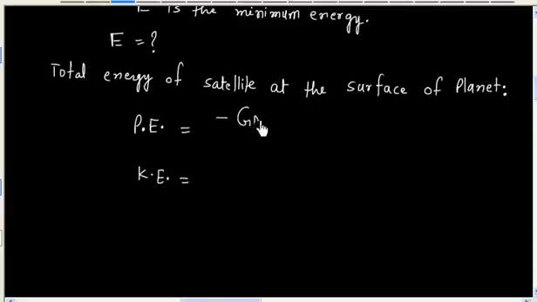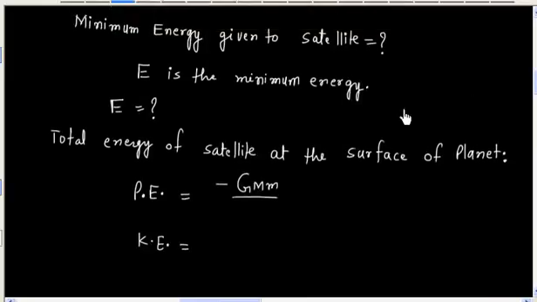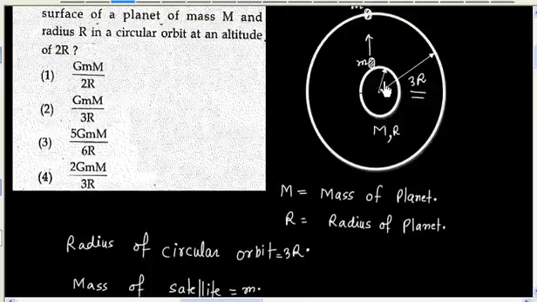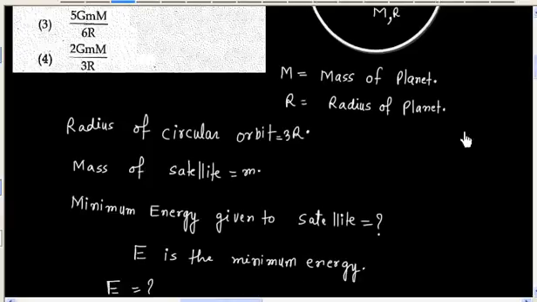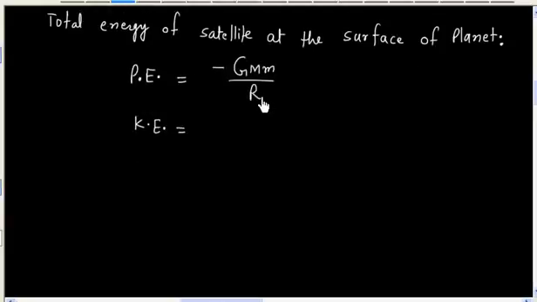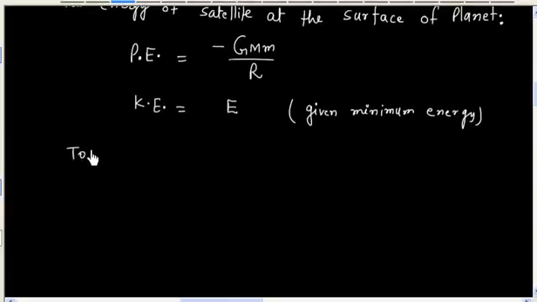Potential energy is minus GMm by distance. This distance is r. Now kinetic energy is the given minimum energy, that is E. So E is the given minimum energy. So total energy is E minus GMm by r.